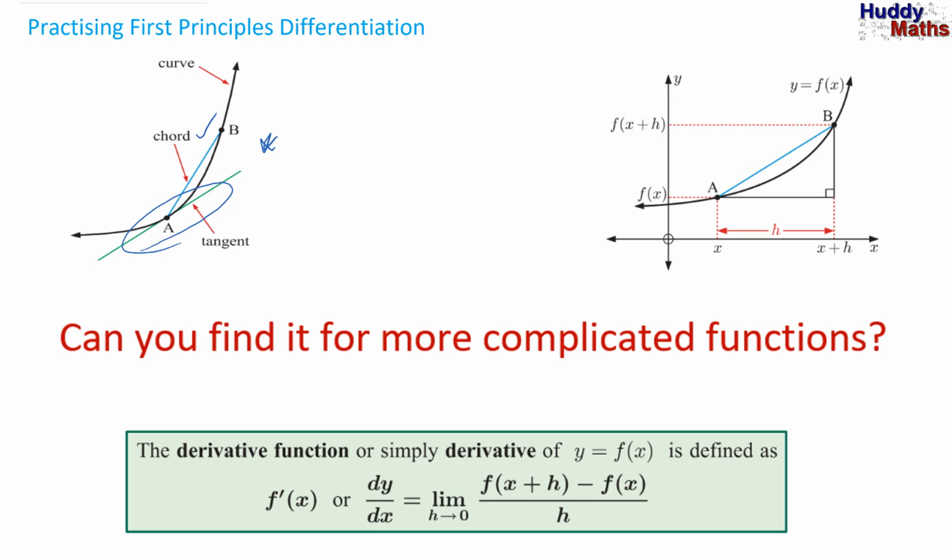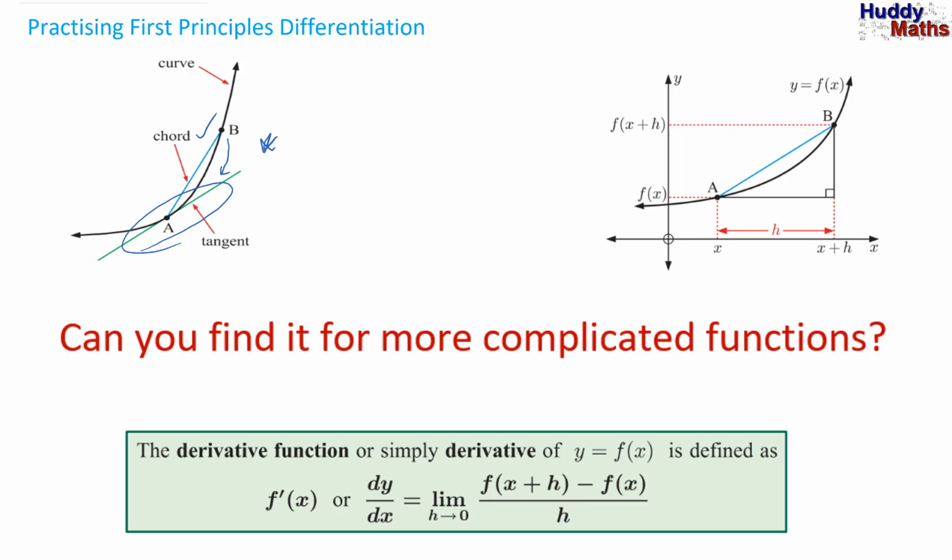So that's the idea: we bring this point closer and closer to point A, and if we do, that slope of the chord, which is the average rate of change between those points, approaches the slope of the tangent. And that's going to be our definition of the instantaneous rate of change. So you might have to go back to an earlier video called Introducing Differential Calculus and just check that out.